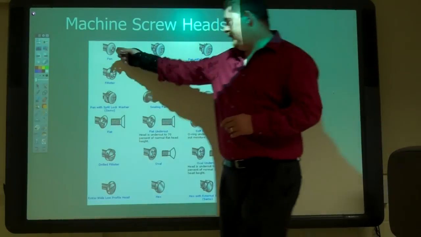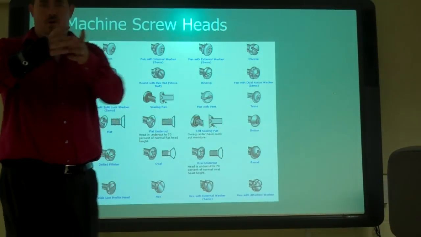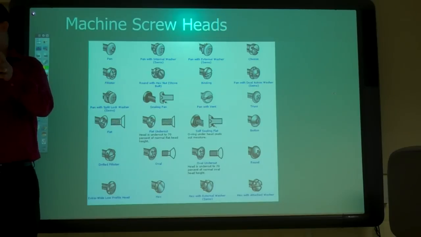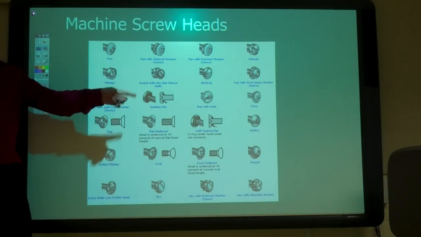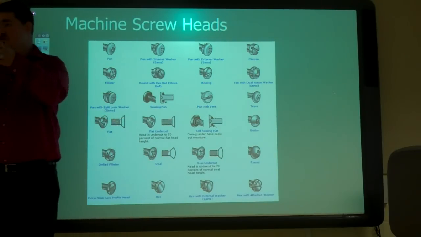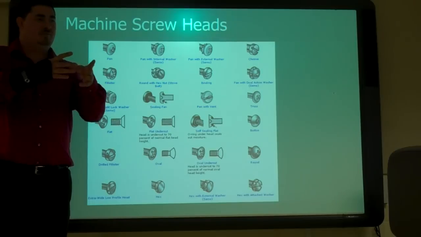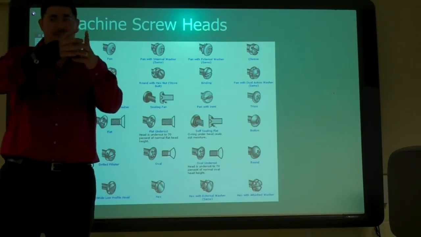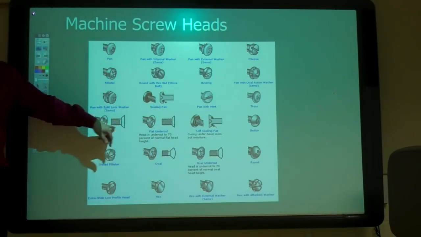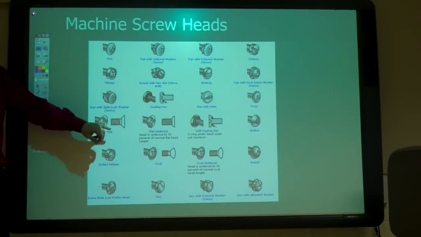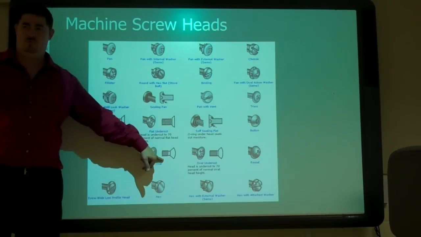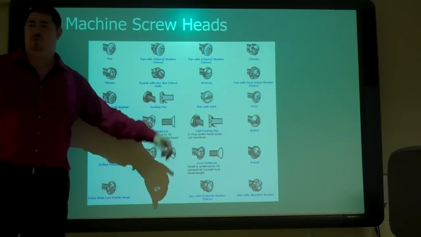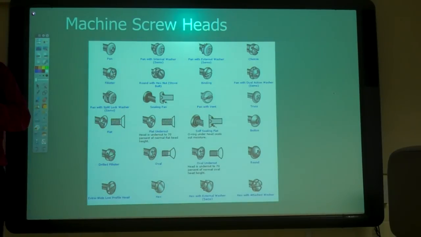If you had a pan head or a hex head, your holes don't have to be centered, right? If you use a flat head or an oval head, it's going to make your holes centered. So if you wanted to be able to use that to make things centered, then you can use the oval or the flat with a countersink on it.